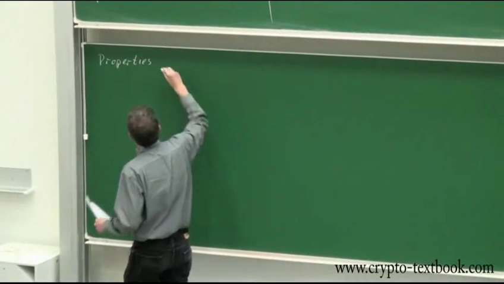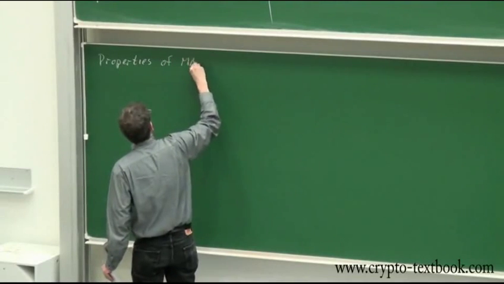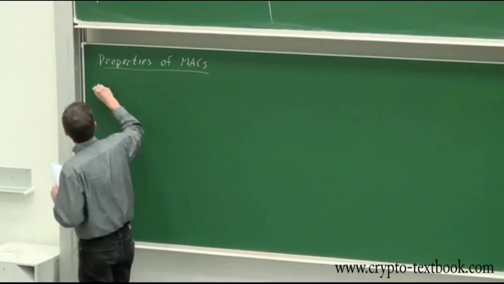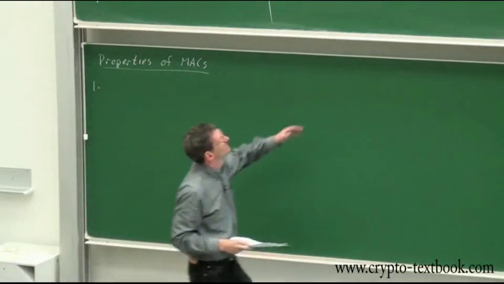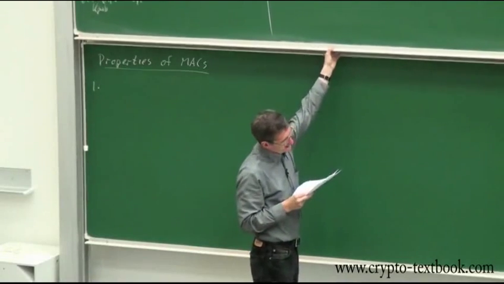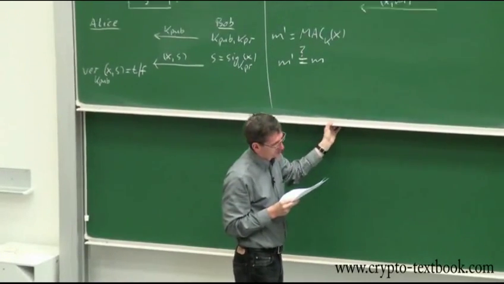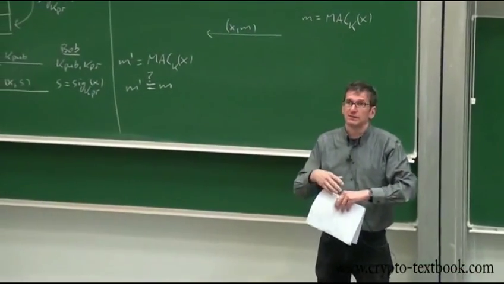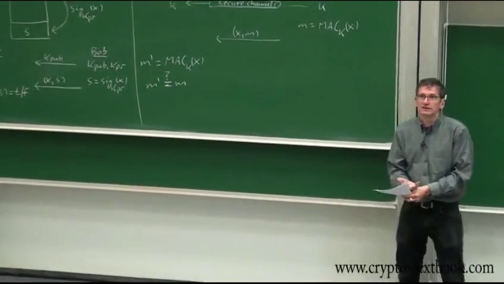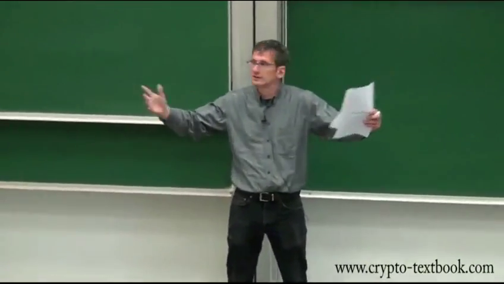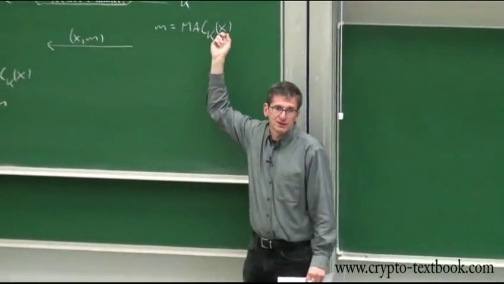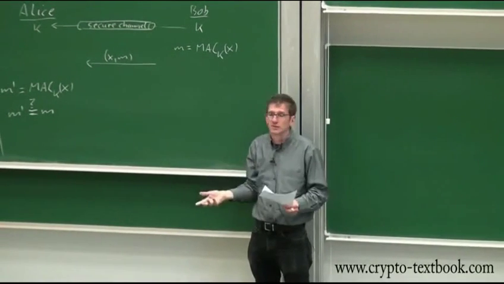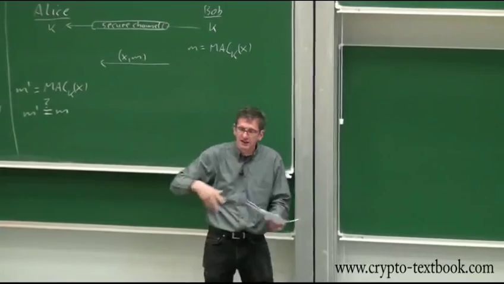Properties of MACs. What would be nice to have, which we did not have with digital signatures, is to remember one problem we had with RSA. If you want to sign with RSA and you use a 2000-bit modulus, the message was restricted to 2000 bits. So you could only sign messages with a length of 250 bytes or so, which is a pain in the neck. And then we had to introduce hash functions and hash them, and so on.